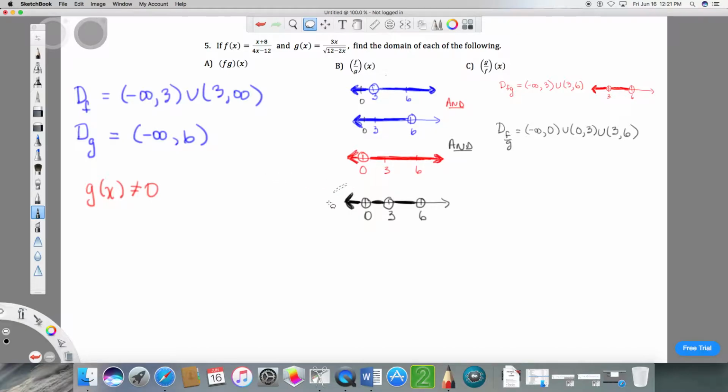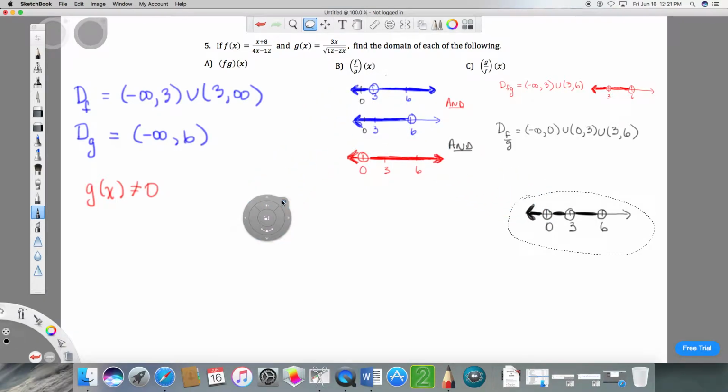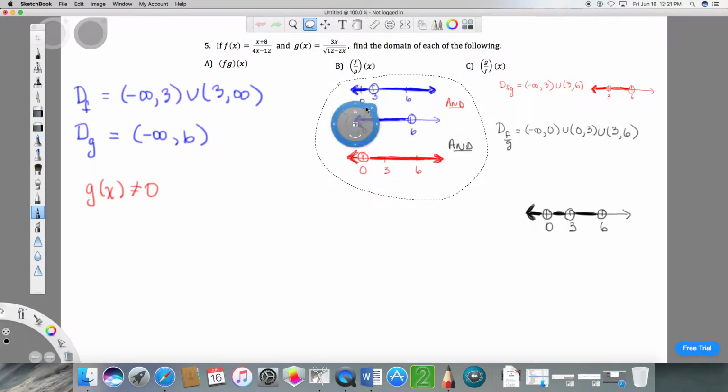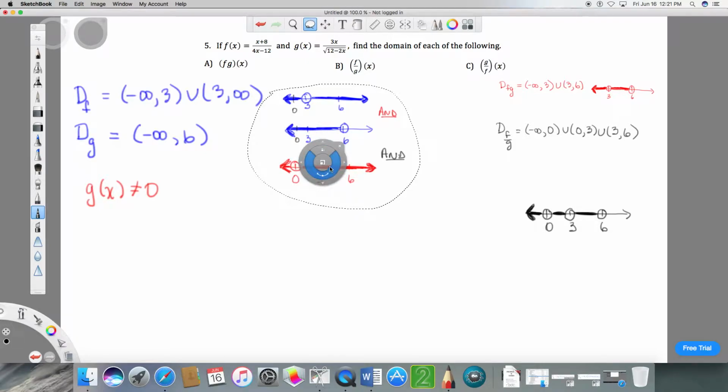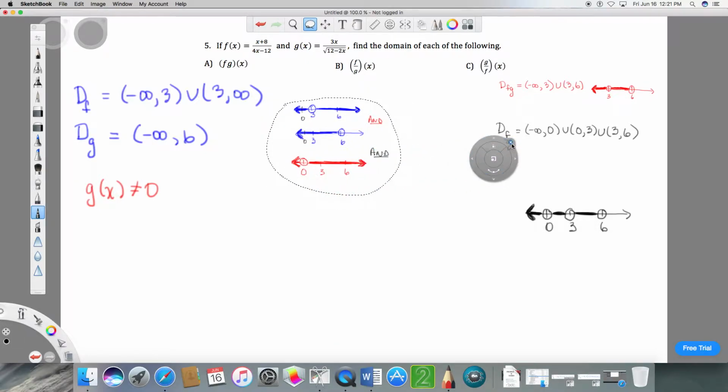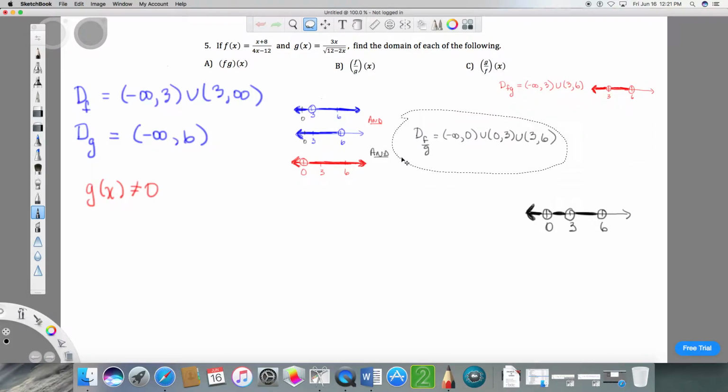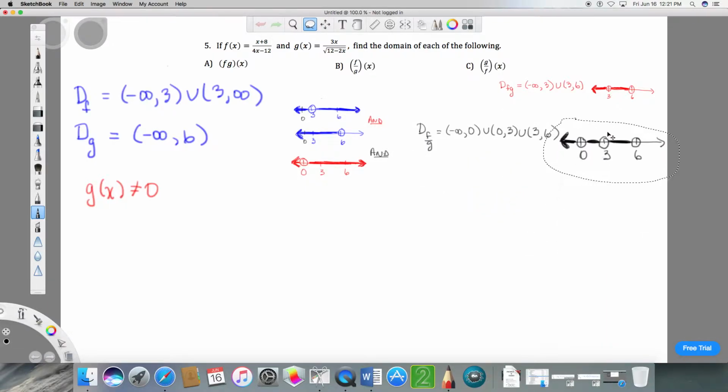If you look at a picture of the solution set, or of the domain sets, I should say, you can see how they look real similar, but the one on the top excludes only 2 values, 3 and 6.